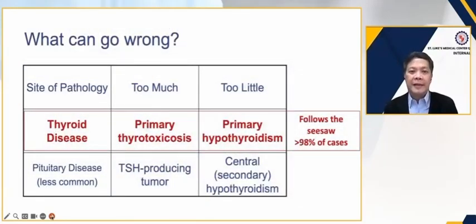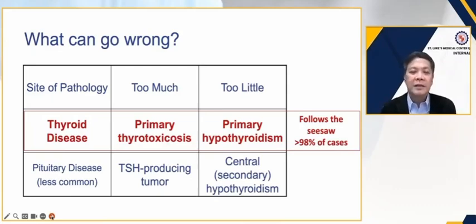So what can go wrong with thyroid dysfunction? You either have too much, which is thyrotoxicosis, or too little, which is hypothyroidism. And more than 95% of the time, it will follow the seesaw because it's a thyroid gland that's diseased. Pituitary disease is rare. For example, a TSH-producing tumor causing thyrotoxicosis or hyperthyroidism is extremely, extremely rare.